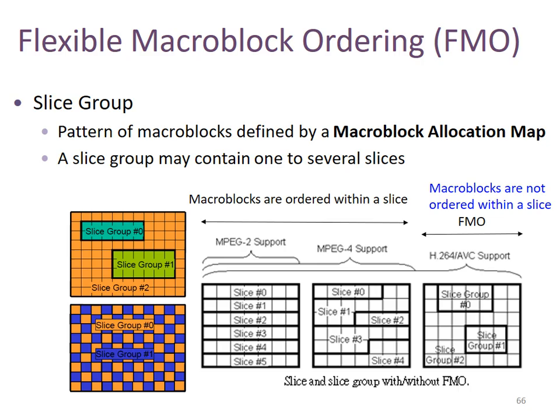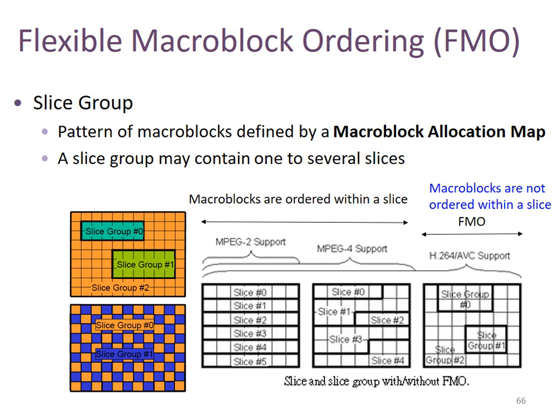All right, next one is called flexible macroblock ordering, FMO. Our slice group contains multiple macroblocks. The pattern of macroblocks defined by a macroblock allocation map is called the order of macroblocks, and a slice group may contain one to several slices.